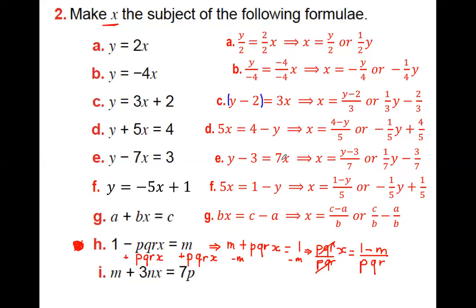Like in a marked question, would you lose a mark? Would that line be worth a mark? So if it's 2 marks, you won't lose the mark. I can go straight from y minus 7x equals 3 to x equals y minus 3 over 7.